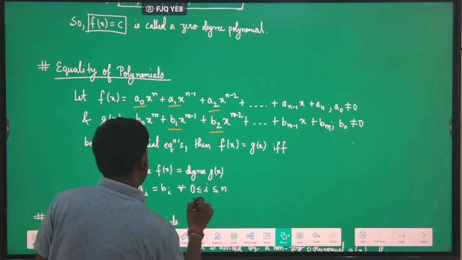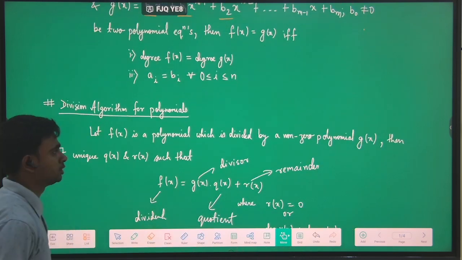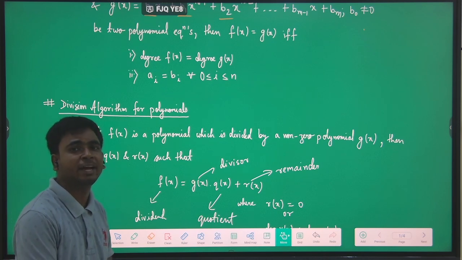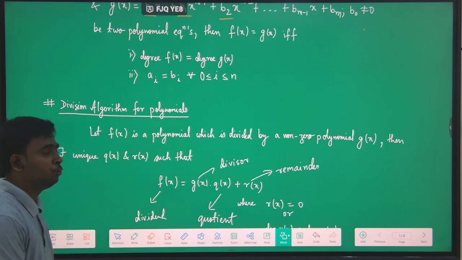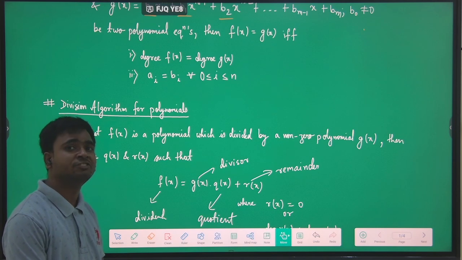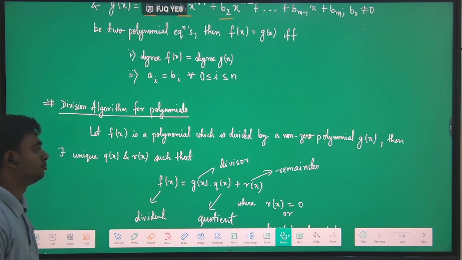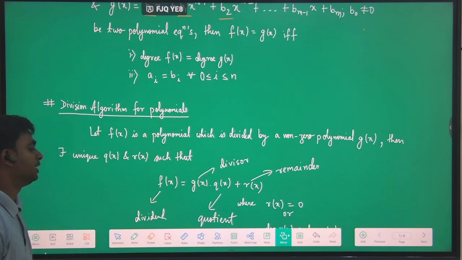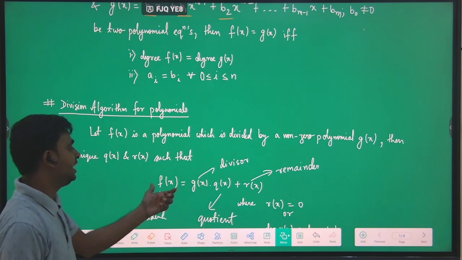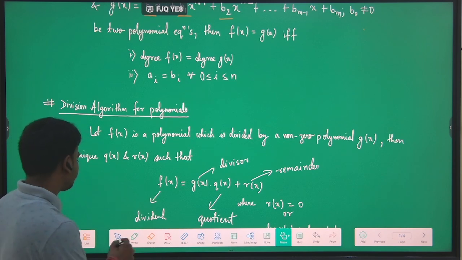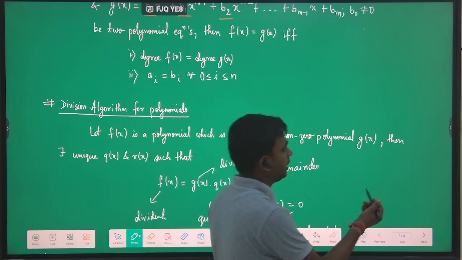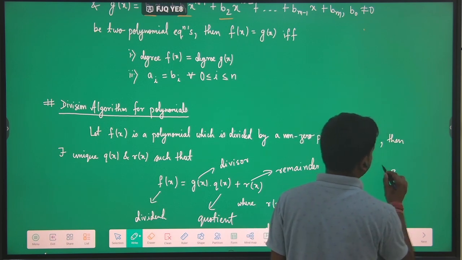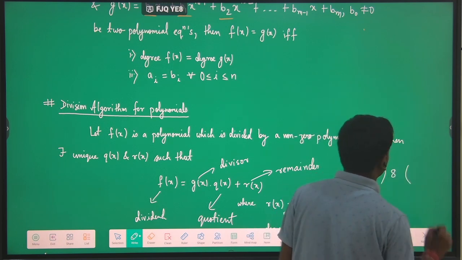Now, division algorithm for polynomials. According to the division algorithm given by Euclid, dividend is equal to divisor into quotient plus remainder. Let us suppose, for integers, we are getting 8 divided by 2.